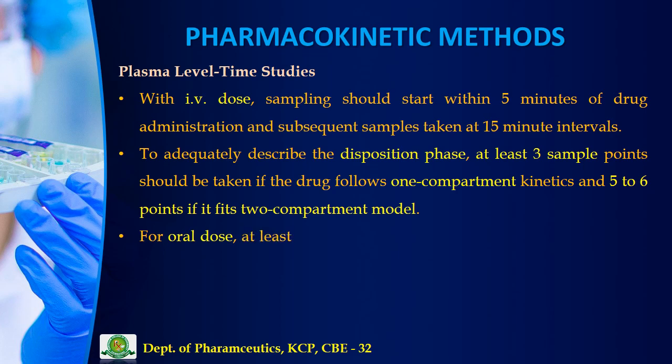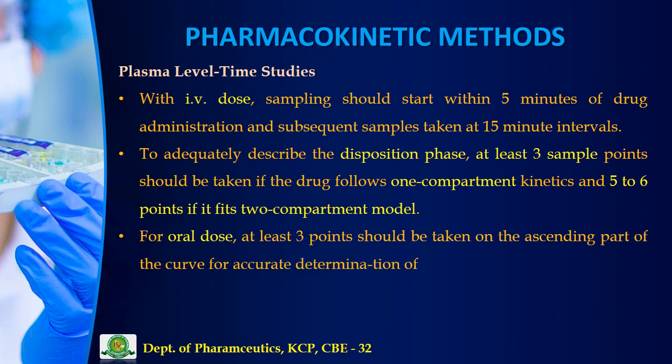For oral dose, we have to take a minimum of at least 3 points in the descending and the ascending part of the curve for accurate determination of Ka. So what is the absorption? In case of IV, there was no absorption process, but in case of oral administration, there is a Ka.